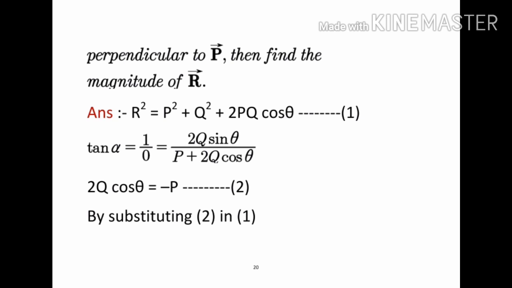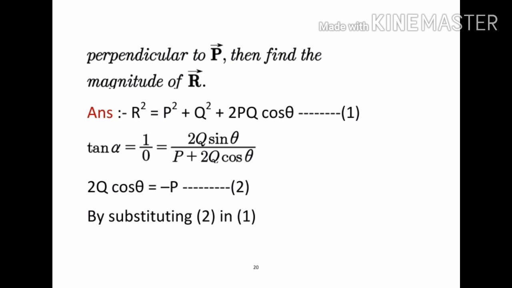That is taken as the first equation. And given that if the magnitude of q bar is doubled, the new resultant is perpendicular to p bar. Therefore, again we are using the direction formula, that is tan alpha is equal to 2q sin theta by p plus 2q cos theta.